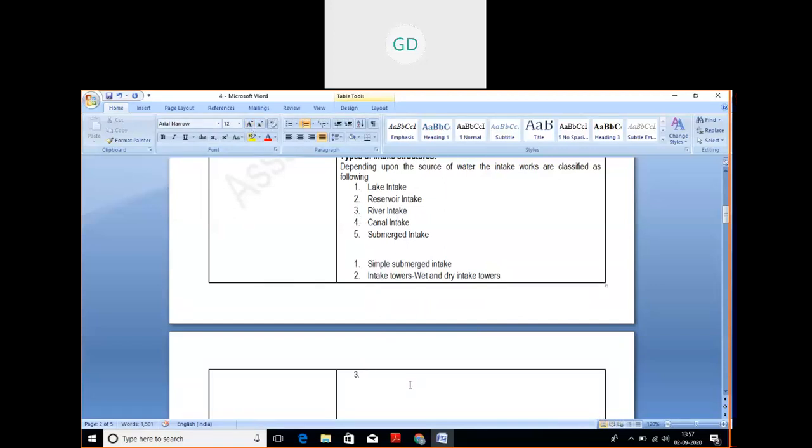Number three, you can write river intake. Then you write down canal intake.